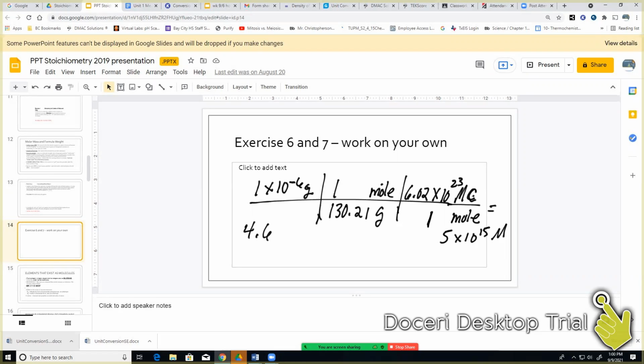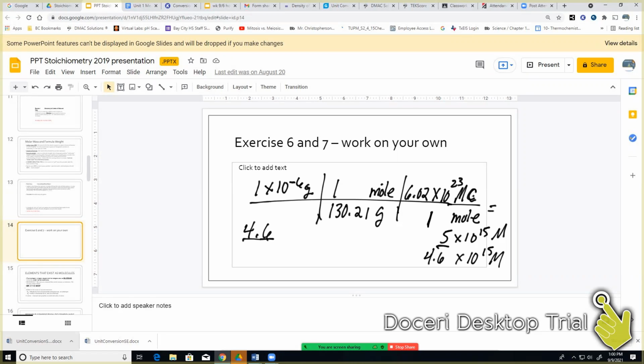Some 4.6 something went on, but anyway, since we can only have one sig fig, that's where you got the 5 from. They give you leniency on the test. If you would have put that, you still would have been fine. They give you leniency both ways on the sig figs.